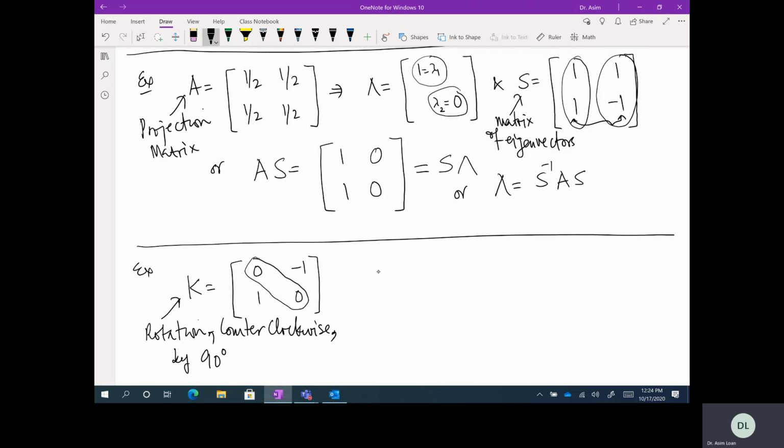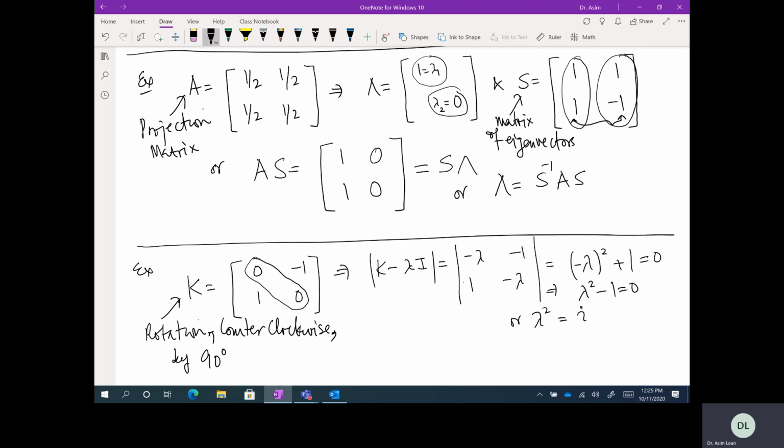Because your characteristic polynomial is the determinant of K minus lambda I, which gives lambda square plus 1 equals 0, or lambda square is equal to minus 1, which is simply i square. i is the square root of negative unity, so lambda 1 is equal to plus i, and lambda 2 equals minus i.